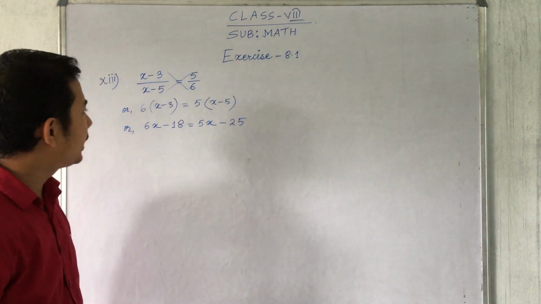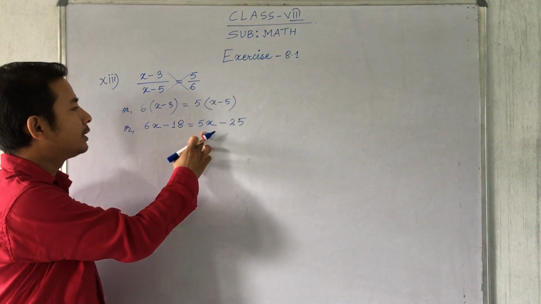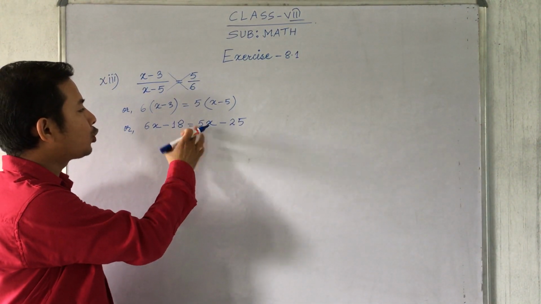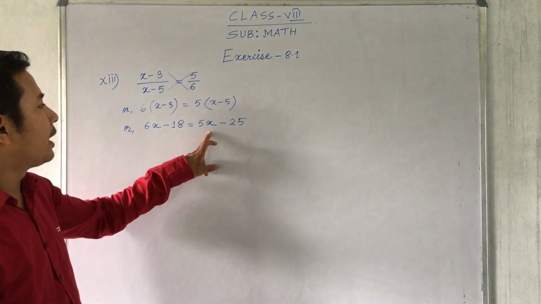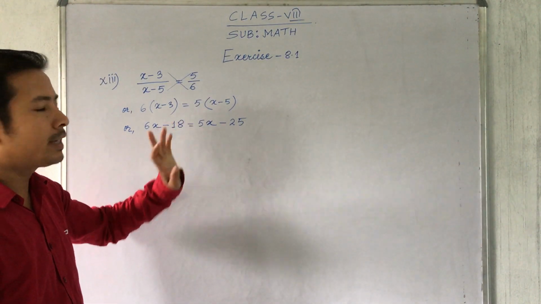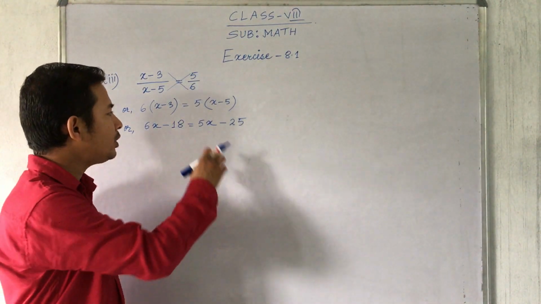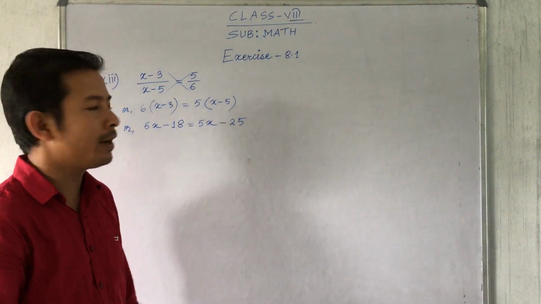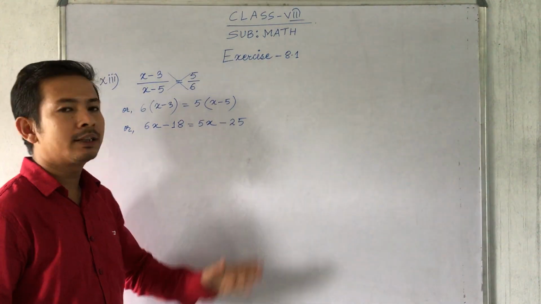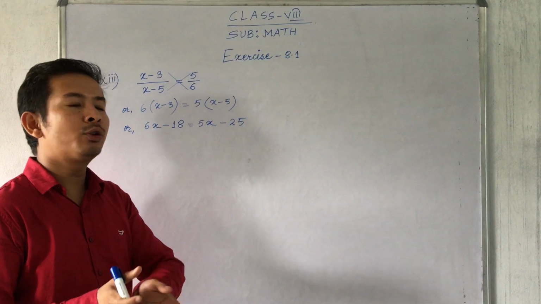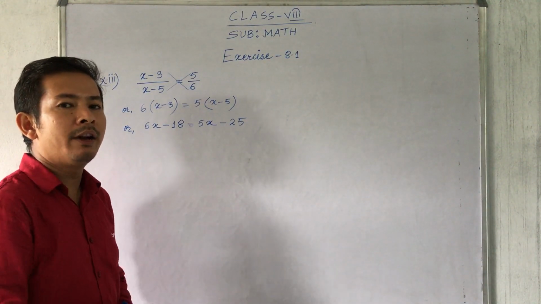Now look at here, in 5x, this 5 shows the quantity of this variable x. 5 times x is there. 5 is the coefficient of this variable. So this 5x variable we need to put on the left hand side.